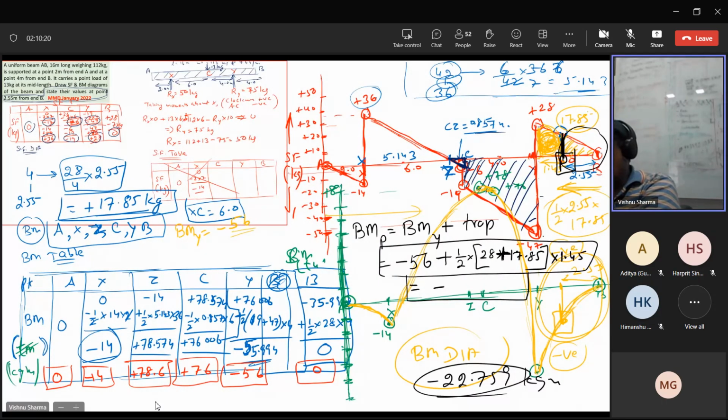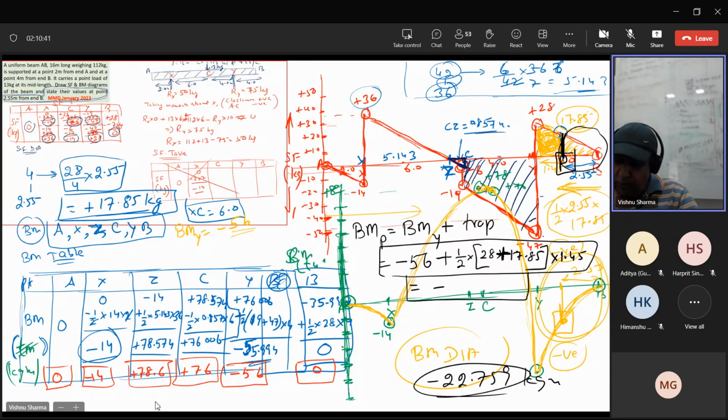So whichever way you have been able to understand, I have told you how to calculate the BM at a point which is 2.55 meters from end B. You can do it whichever way, but if you are doing it with the triangle, be careful about the sign of BM. Don't answer as plus. That will be a mistake.